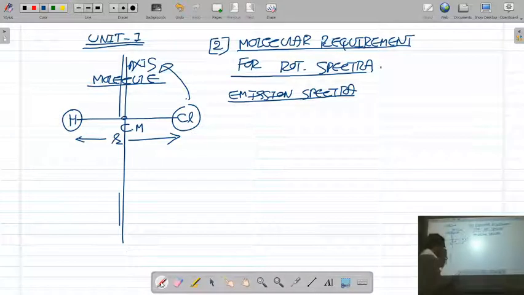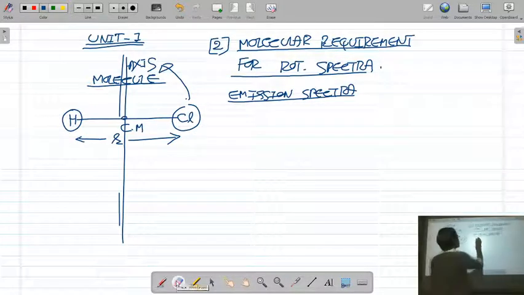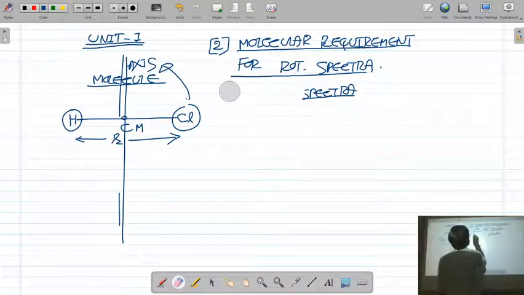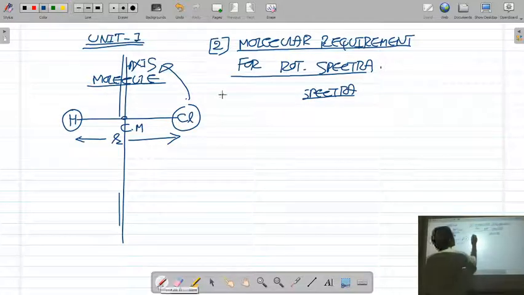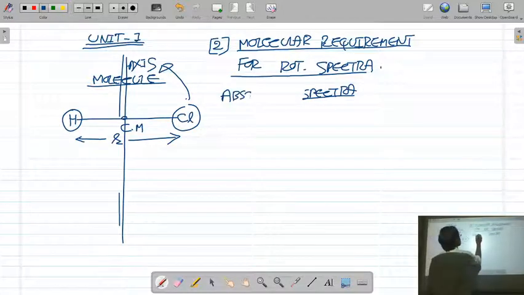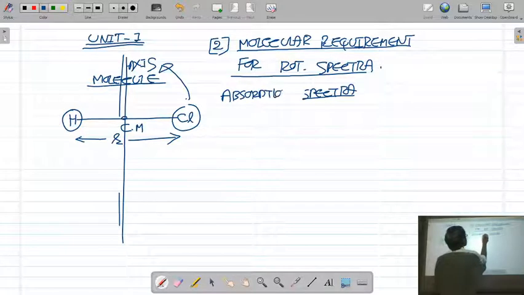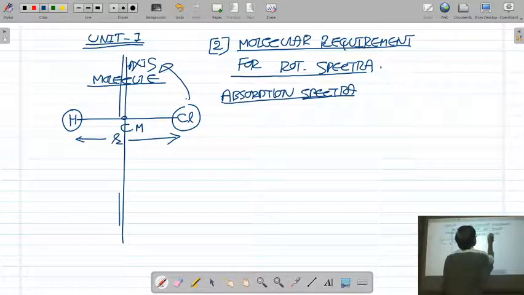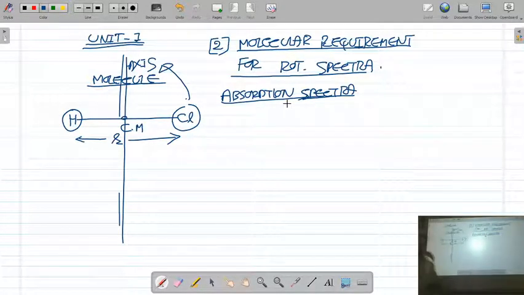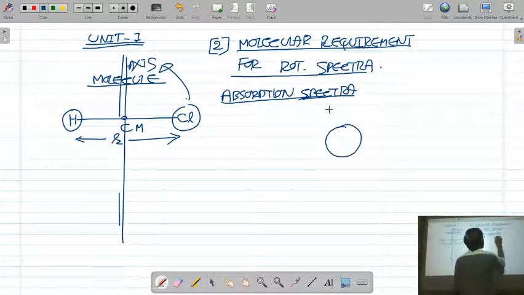Second one is the absorption spectrum. Actually, this rotational spectra is mainly observed in absorption, so we will focus on the absorption spectra. Suppose this is a rotating molecule.